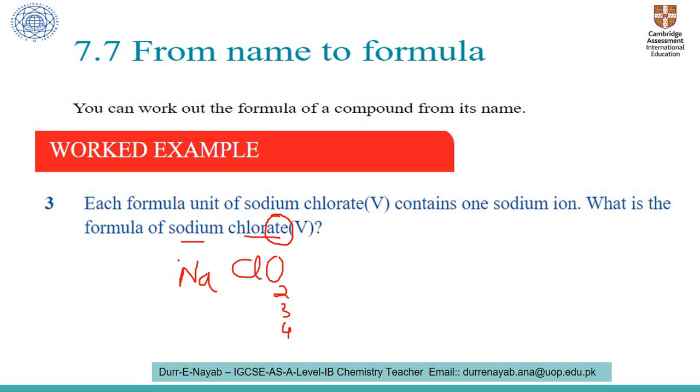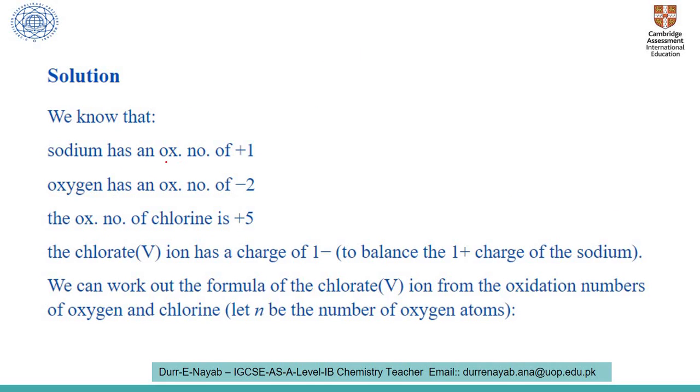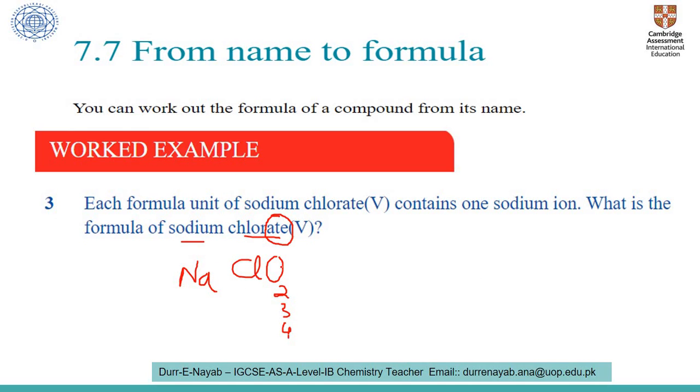But I know the oxidation state of sodium is constant, that is +1. For oxygen I know it is always -2. This is +1. And they have already given you 5. This 5 oxidation state is for the chlorine.